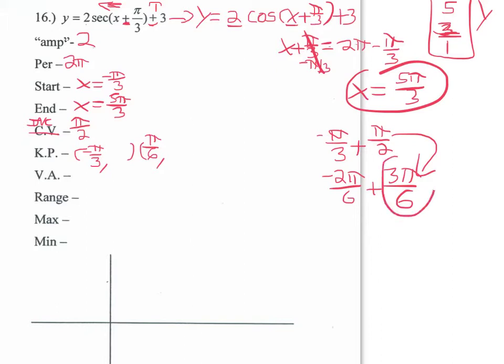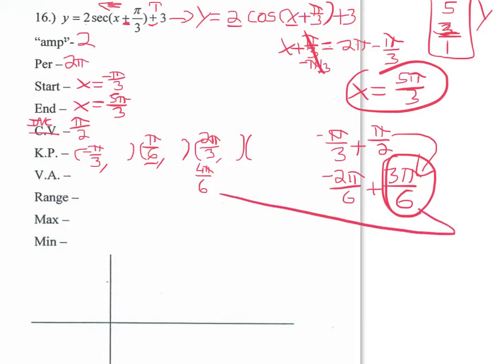Then I'm going to add this 3 pi over 6 to pi over 6. That's going to give me 4 pi over 6. And I write it underneath. That reduces to 2 pi over 3. Then if I add these two together, that gives me 7 pi over 6. Okay, I'm just going to erase some of this stuff out here.